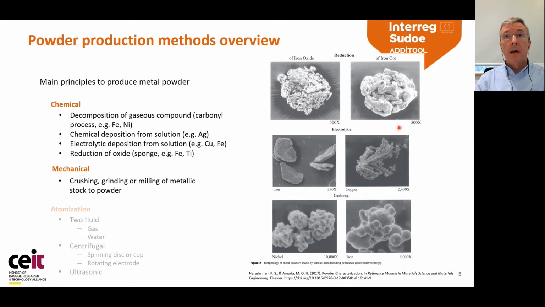And this is a kind of powder you obtain. On the right-hand side, you can see that using reduction, you obtain this sort of agglomerates of a quite large size. If you use the electrolytic method, then you obtain flakes in the case of iron, or some sort of dendritic structures in the case of copper.